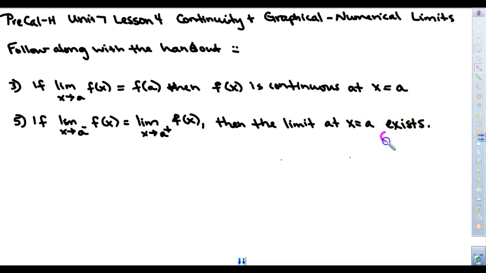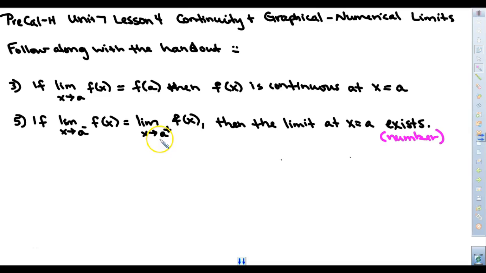What that means is that your limit will actually be some kind of number. You will get a number for it, okay? Now, if these things are not equal, then that means that the limit does not exist, and we write DNE for that, okay?